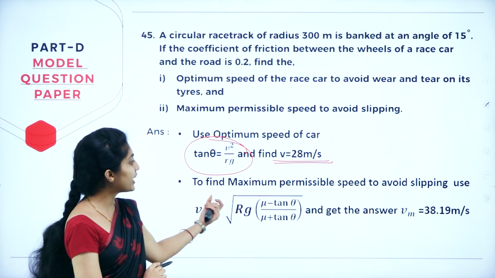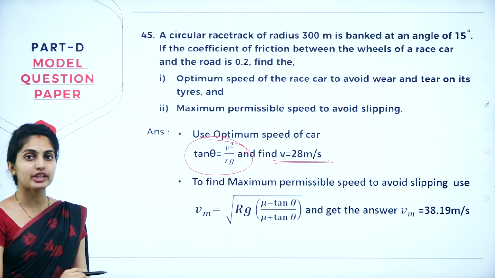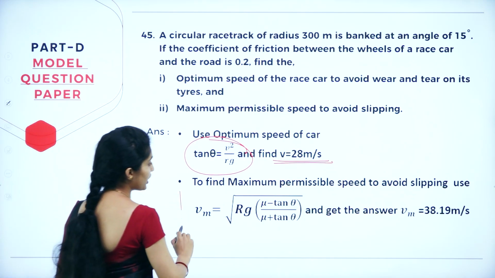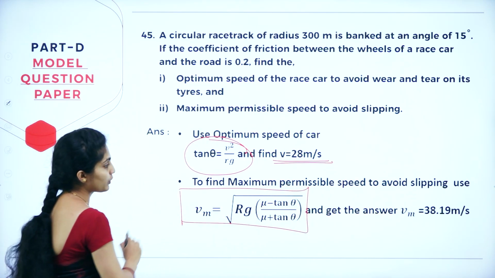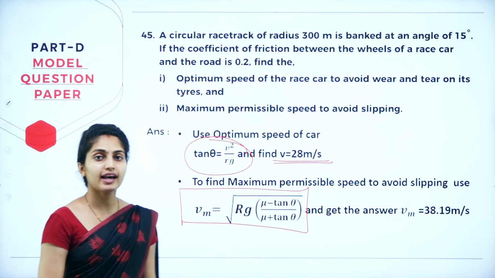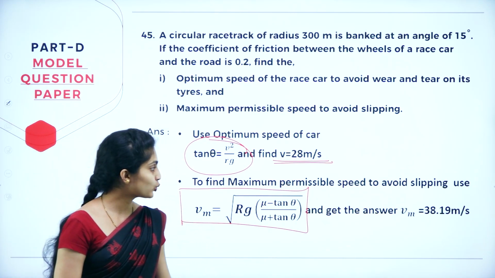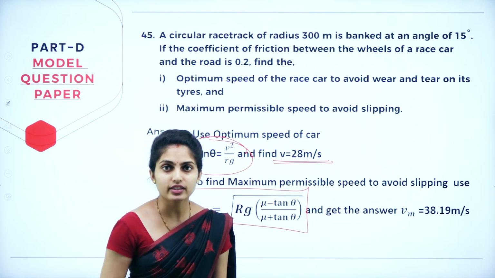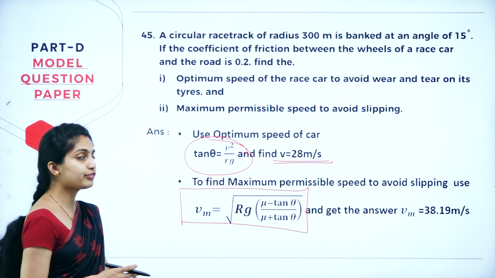And we have to find the maximum permissible speed to avoid slipping. In order to find that, we will just refer to this equation and get the answer. Vm is equal to 38.19 meter per second. So that is all about your 45th question.